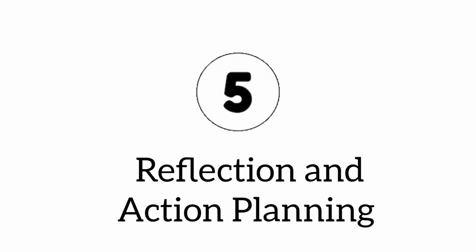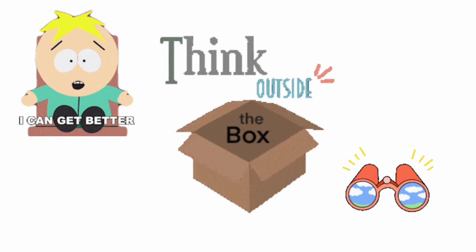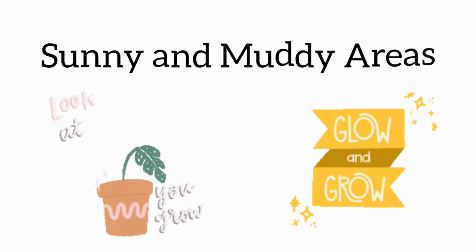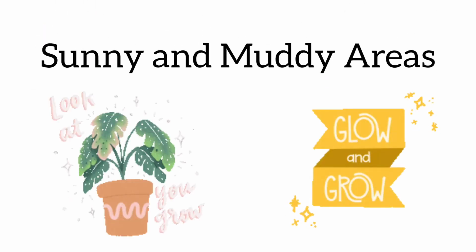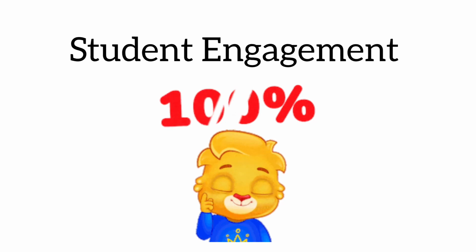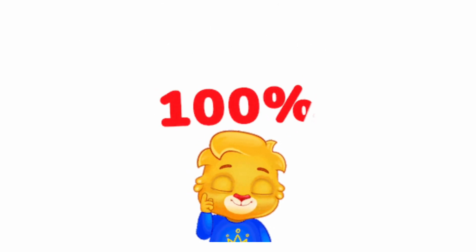The last stage of assessment is action planning. Yes, when you provide the feedback to the students, you also need to reflect on your performance. What are the areas where you need to improve? What were the sunny areas? What were the muddy areas of the assessment? Whether you were able to engage 100% of students in the assessment, whether the students understood the way you started the assessment, conducted the assessment, and monitored the assessment.